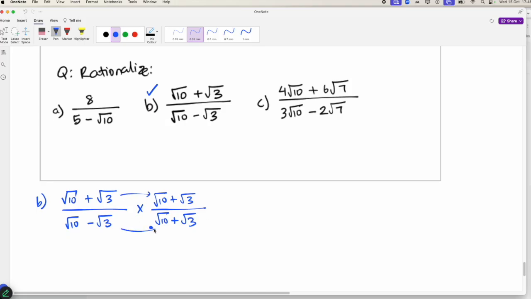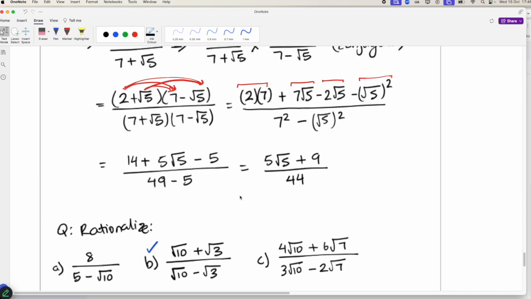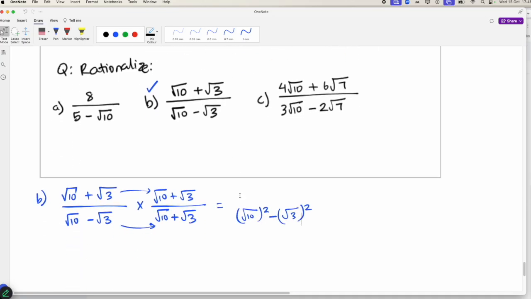I will multiply this way. And remember, we just talked about this.